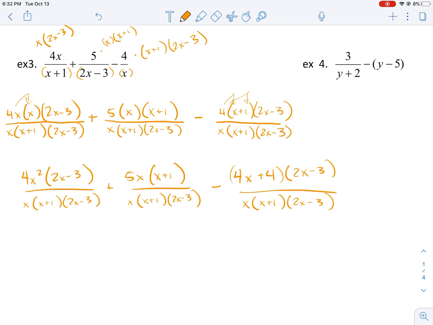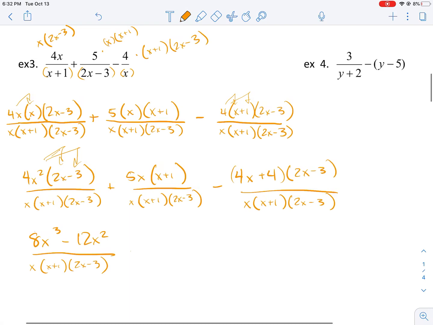And now I'm going to have to redistribute again. So I'm going to have a 8x cubed minus 12x squared. Over here I'm going to have a 5x squared plus 5x.